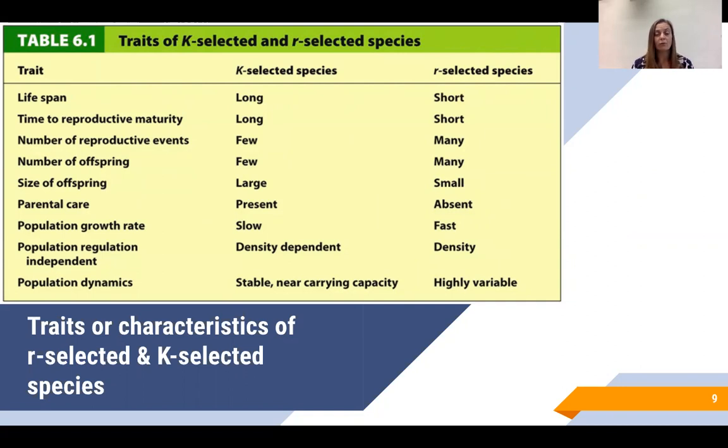You can have a lot or you can have only one. So that's not a great determining factor when we're looking at K-selected and R-selected. Better determining factors would be lifespan, reproductive maturity, number of offspring is one of the biggest key determining factors when we're trying to decide between K-selected and R-selected.